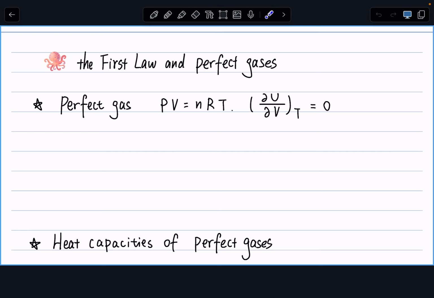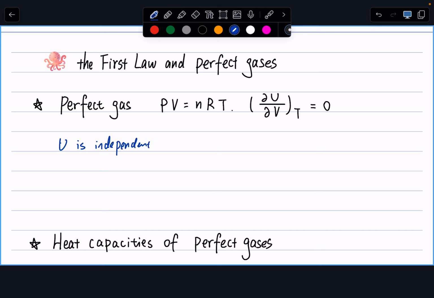When we're talking about ideal gases or perfect gases, remember what we have: PV equals nRT, and in addition, we also have one more term that's true for ideal gases only. That is, your internal energy is independent of volume, or your internal energy for ideal gases is only a function of temperature.